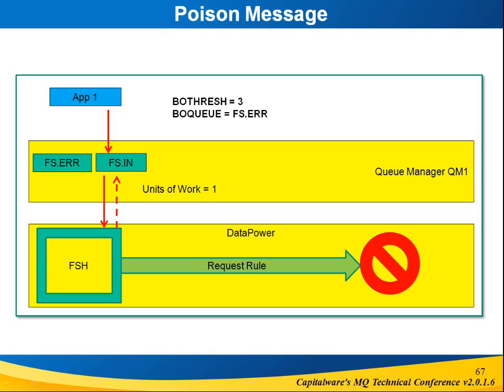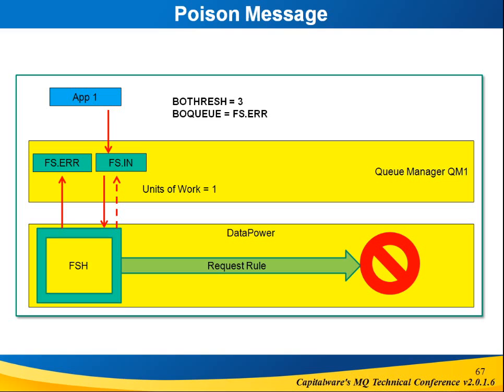So what you do is you set a backout threshold, in this case 3, and a backout queue name, in this case fs.er, so that when the threshold is exceeded, when the backout count on the incoming message is 4, the request rule encountering an error will cause the placement of that message onto fs.error, and a commit will be issued at that point, and that will then delete the message from fs.in.